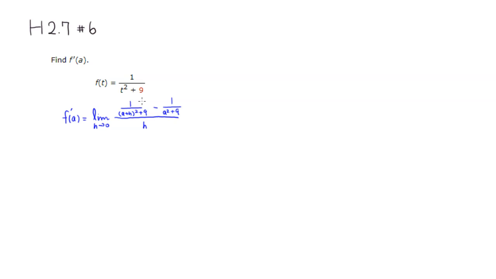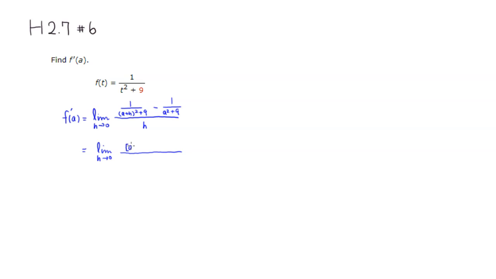First, we're going to take the common denominator of the fractions on top and combine them together. So you have the limit as h approaches 0. We could just multiply the denominators together.